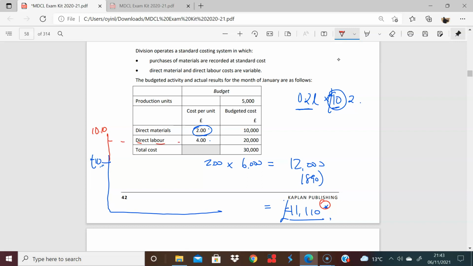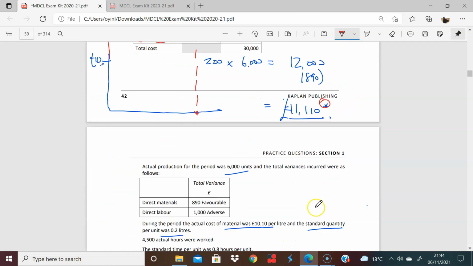So if the total spending was 11,110, I can actually find out the actual number of liters that I bought, and that must be 11,110 divided by the £10 and 10, right? I believe that's the cost. That was £10 and 10, which is equal to 1,100 liters. So I actually bought 1,100 liters.